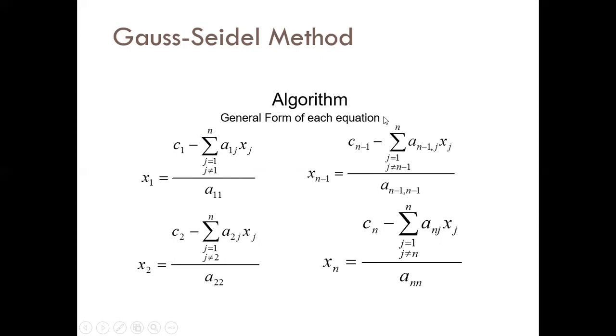Similarly, for xn the sum excludes j equal to n. Only this difference exists, otherwise they are the same. This is the algorithm to solve simultaneous equations using the Gauss-Seidel method.